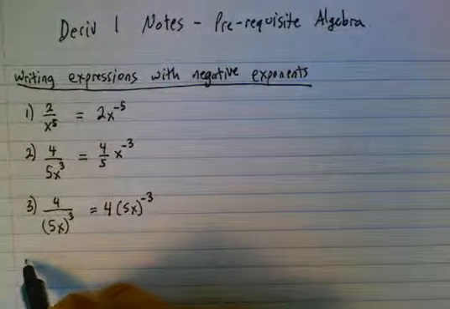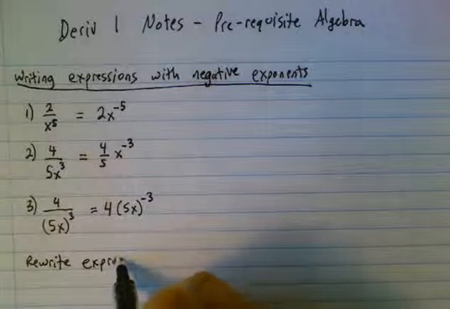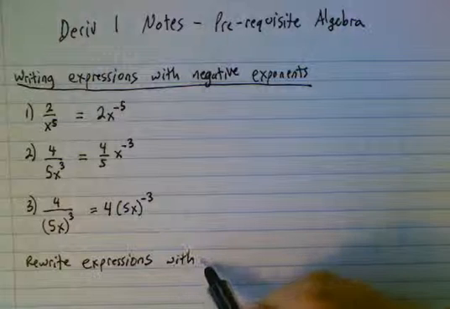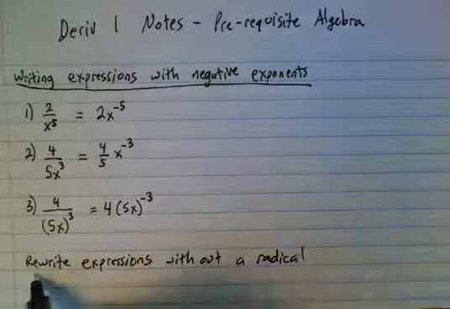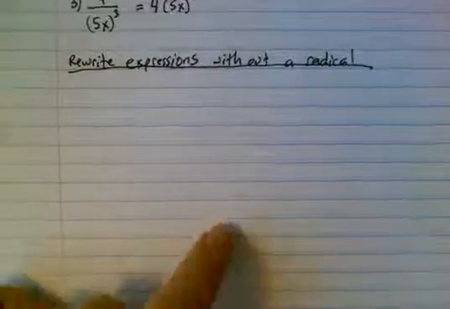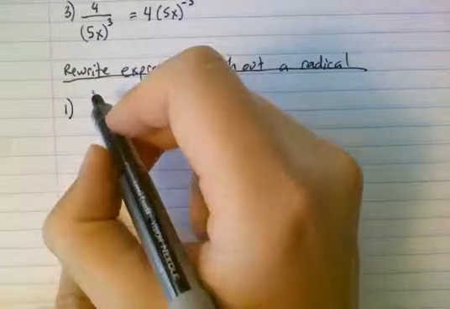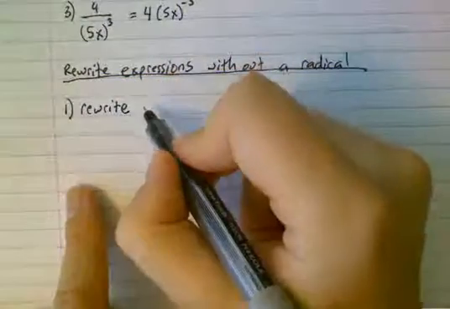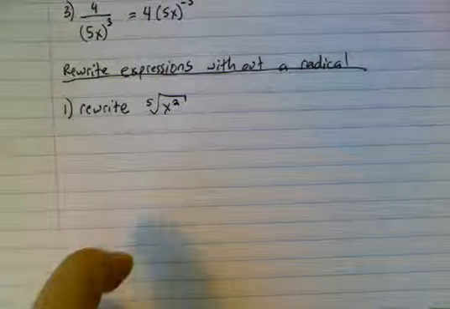We should also be able to rewrite expressions without a radical. Let's rewrite the 5th root of x squared.